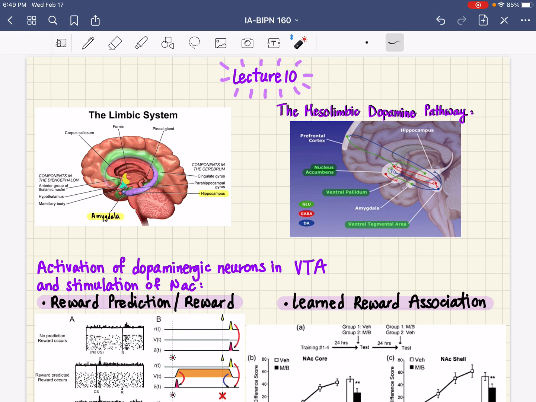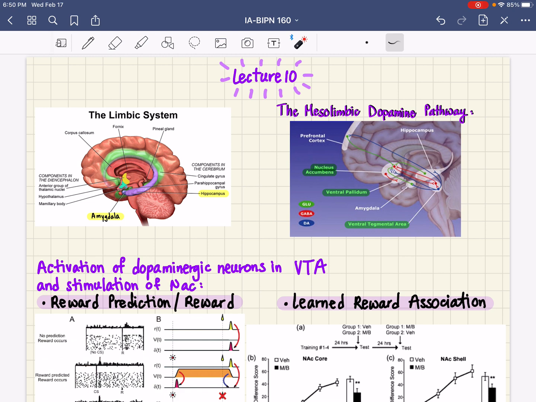Okay, and why are we talking about the mesolimbic dopamine pathway? Well, this pathway is involving structures that are part of the limbic system. I think the nucleus accumbens isn't technically part of the limbic system. However, other parts of pathways that we will discuss are.